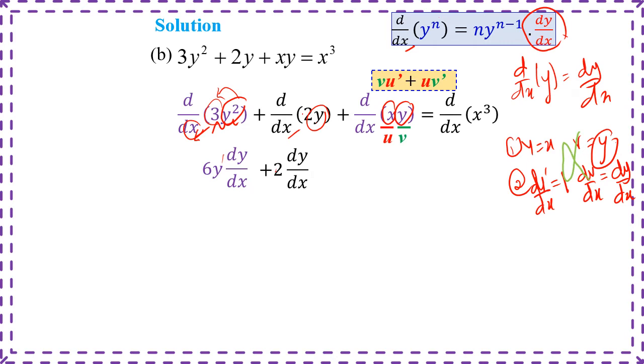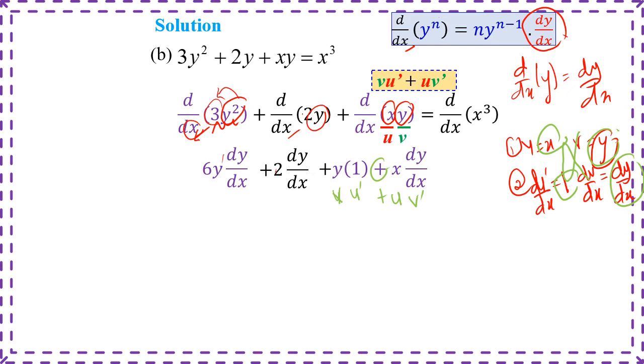So it will be y multiplied by 1 plus x multiplied by dy/dx. Okay, so this is v u prime plus u v prime, everything with respect to x. We are done with the third term.